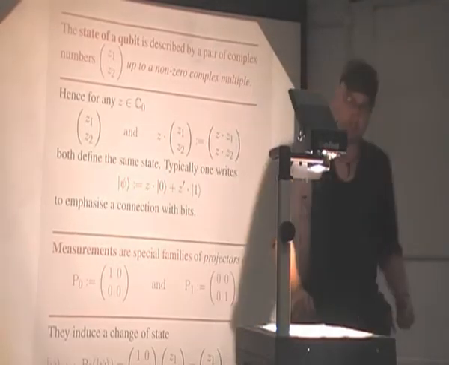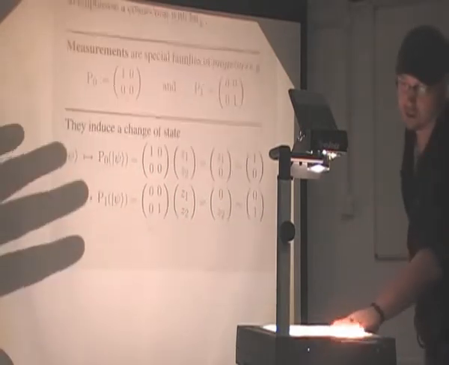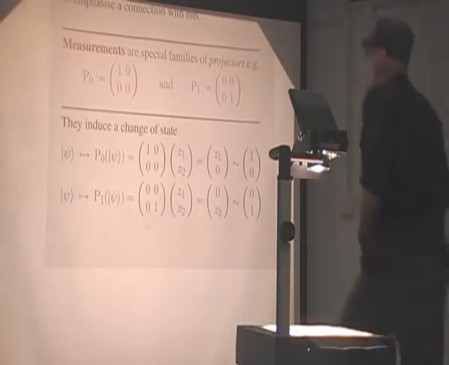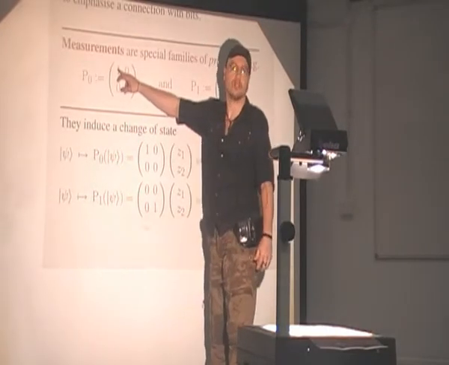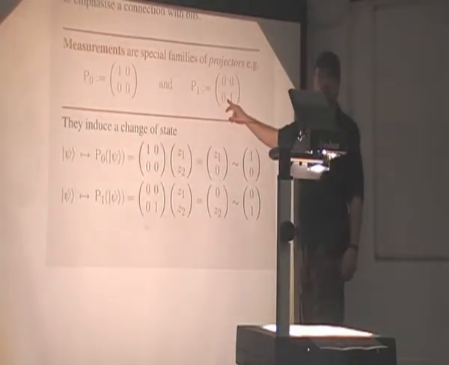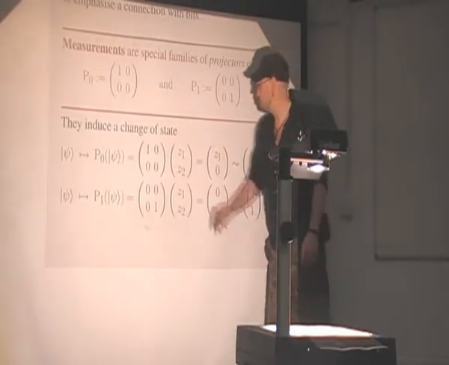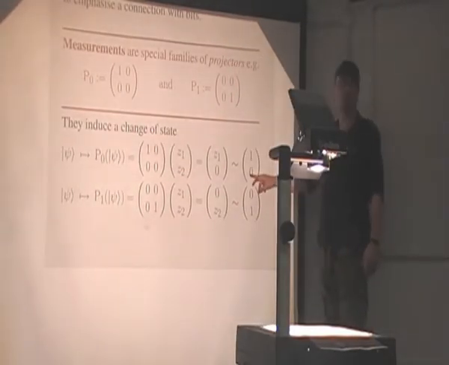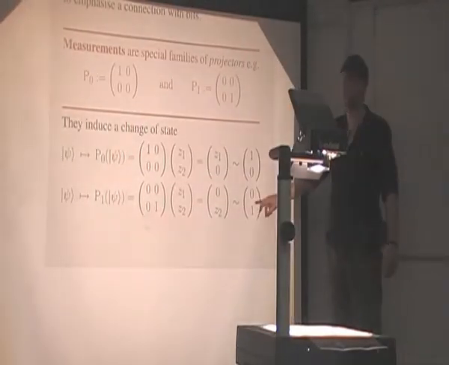And then these measurements, naively, are just matrices, so we're doing linear algebra. For example, this would be the one which projects on 0. This would be the one which projects on 1. So if I take any input vector and apply the first projector to it, I get this out. If I take this as input vector and apply this projector, I get this one out.